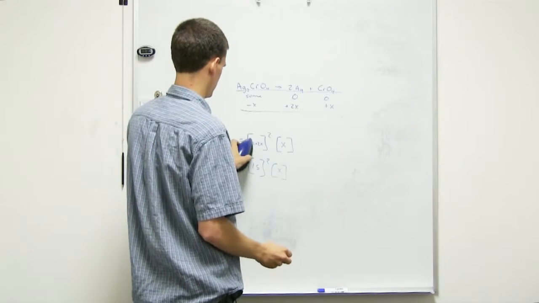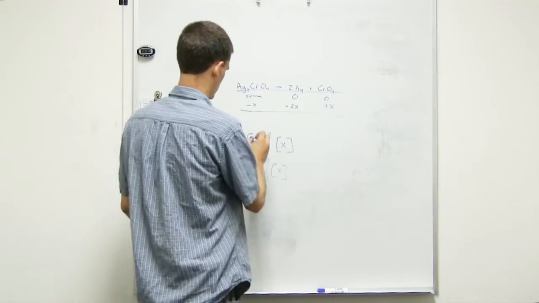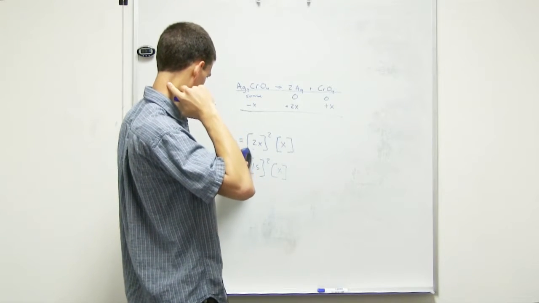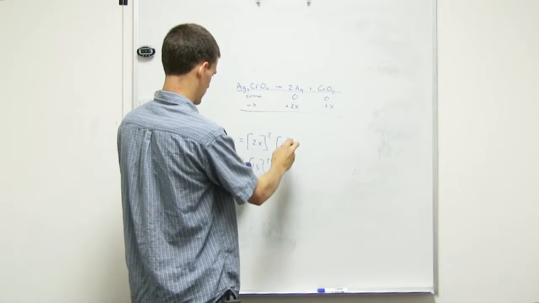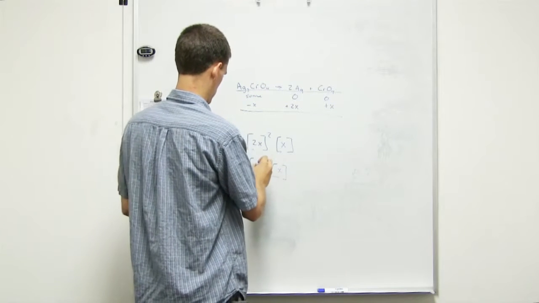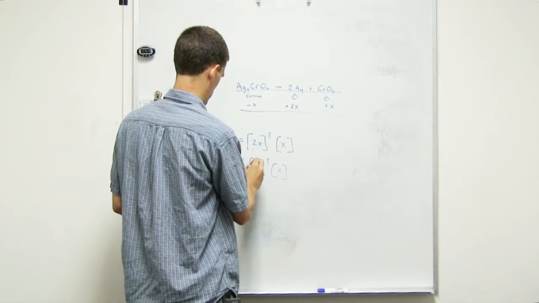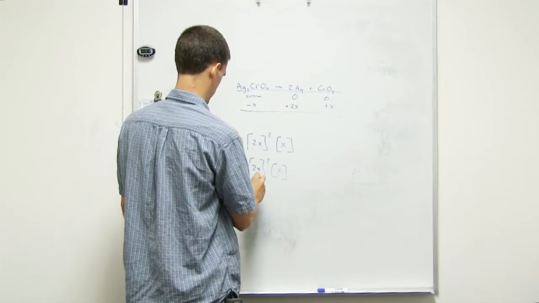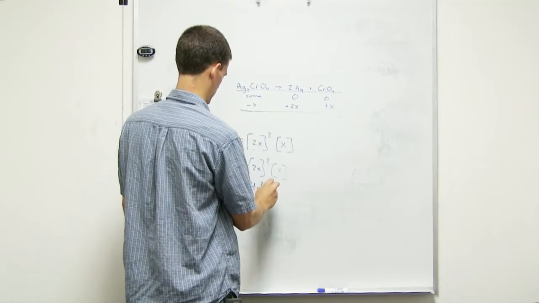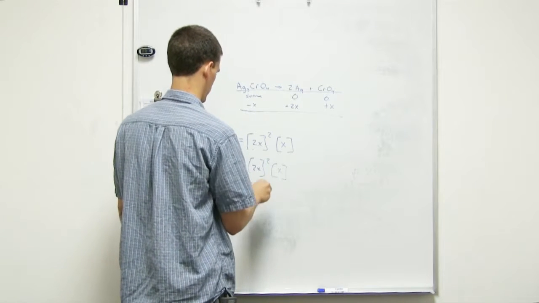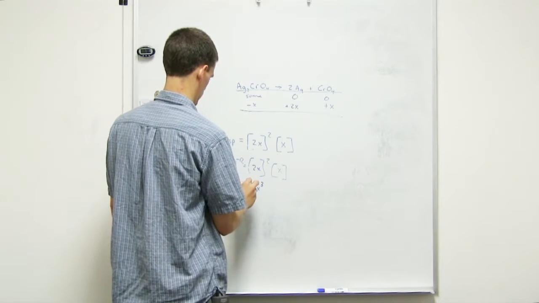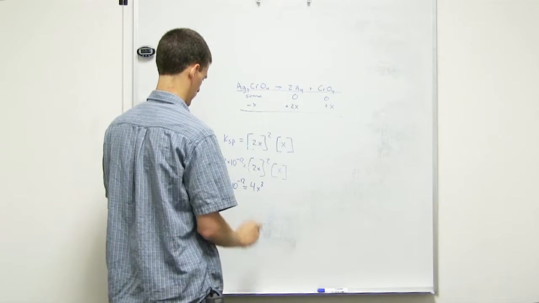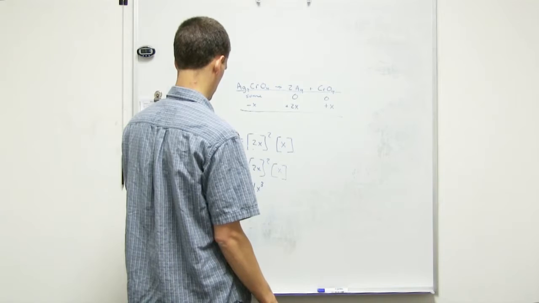Yep. So you solve for 4x squared is equal to your Ksp, correct? Well, it'll be 4x squared times x. Oh, this goes cubic, that's right. So now you got 4x squared times x, which will give you 4x cubed.